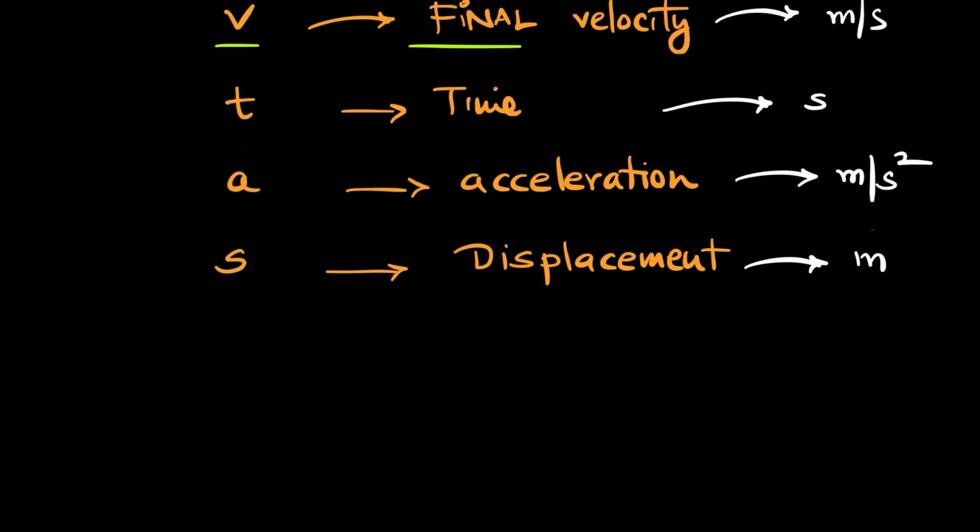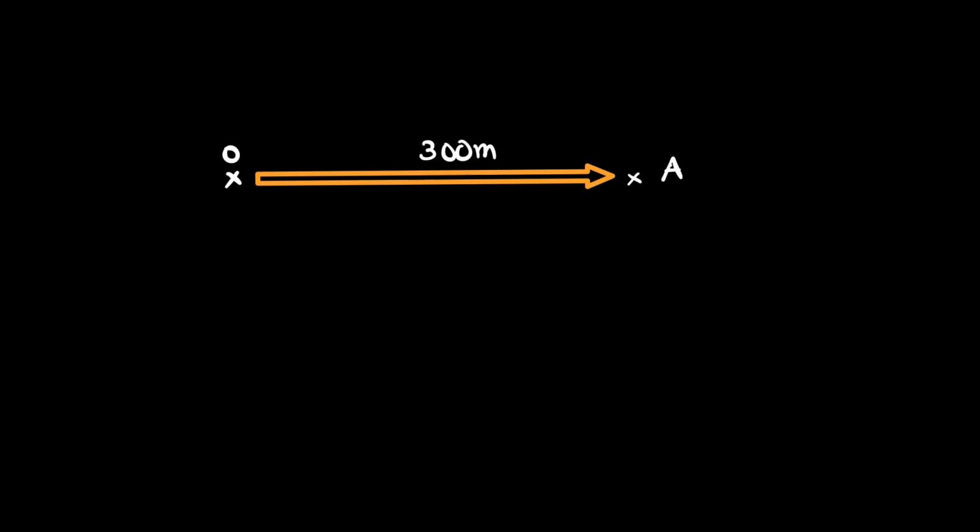Now, let me emphasize one more thing about displacement. That is, if I talk about distance in one direction only, for example, a person has started from O and it has reached A, and this distance is 300 meter.